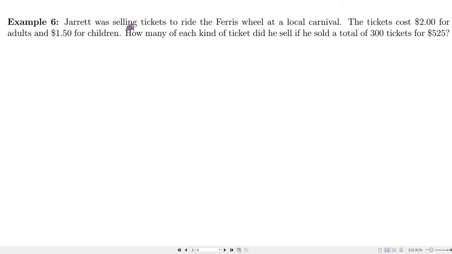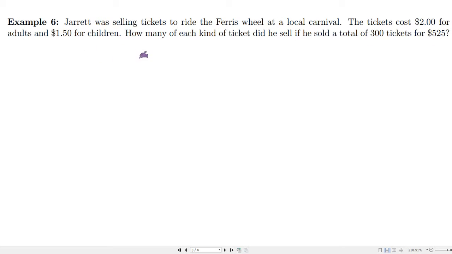Jared was selling tickets to ride the Ferris wheel at a local carnival. The tickets cost $2 for adults and $1.50 for children. How many of each kind of ticket did he sell if he sold a total of 300 tickets for a total of $525?